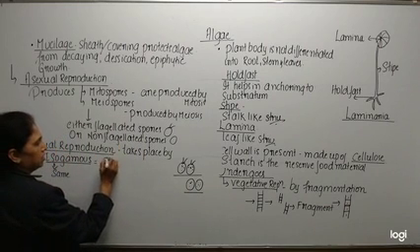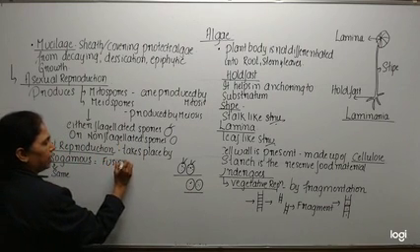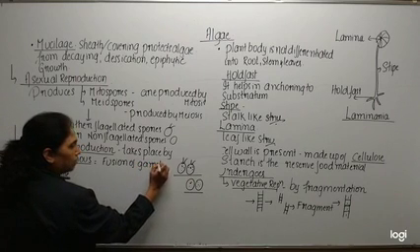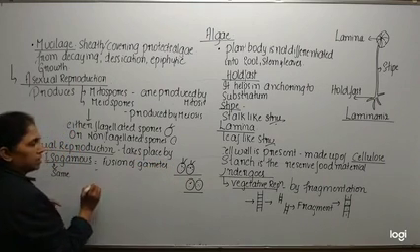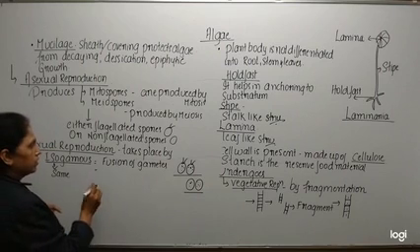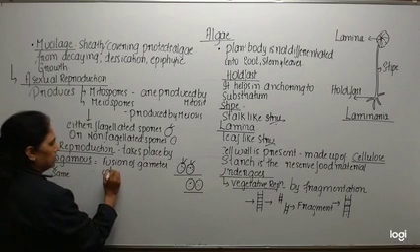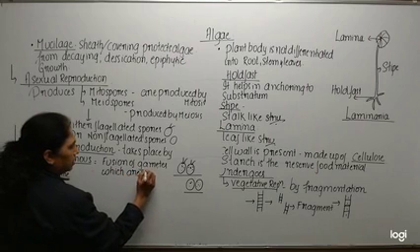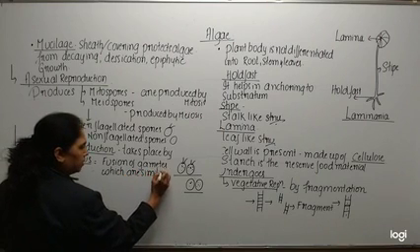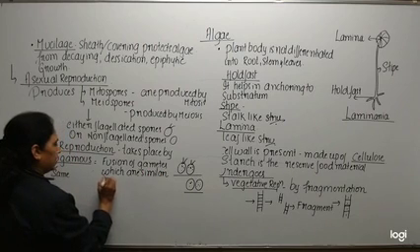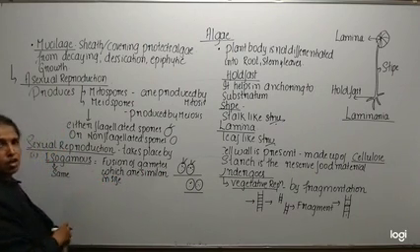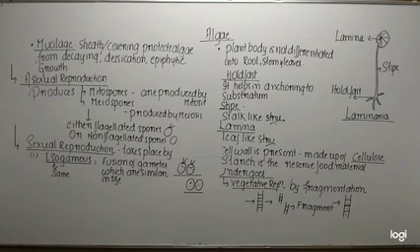Fusion of male and female gametes takes place. Both the gametes are exactly similar in size. Once again under this there are two types: one is flagellated and the second is non-flagellated.